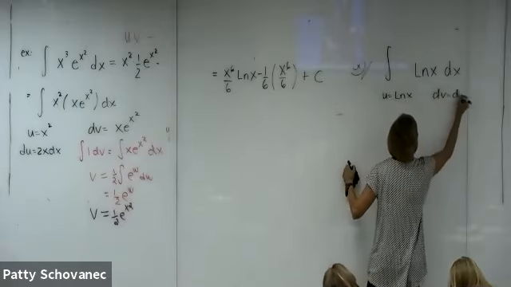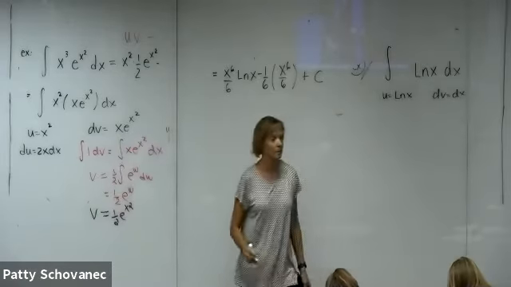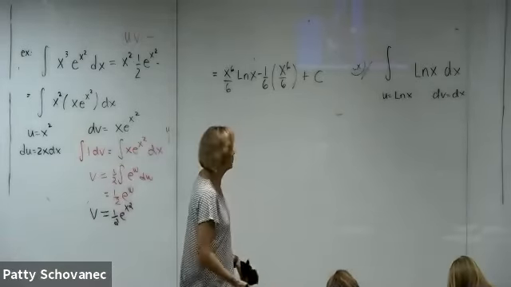That leaves dv to be the dx. And as before, the derivative of u gives us 1 over x dx. And what do I get when I integrate this line? The v is x.